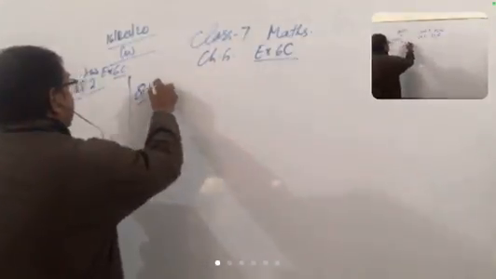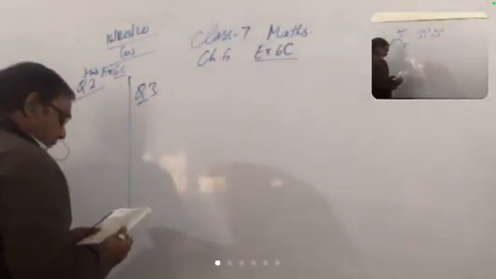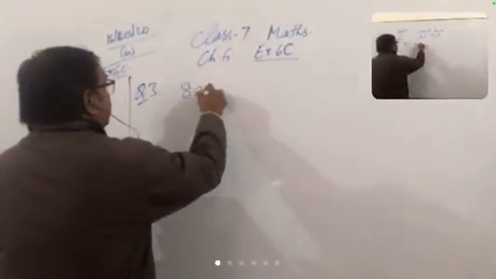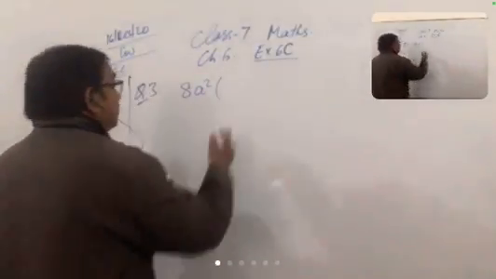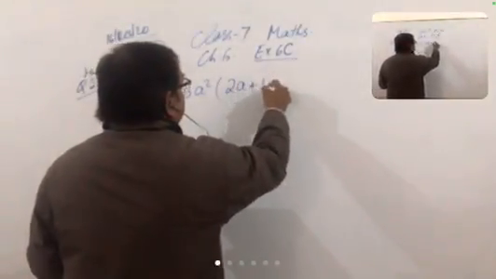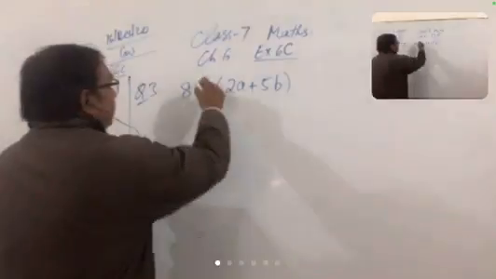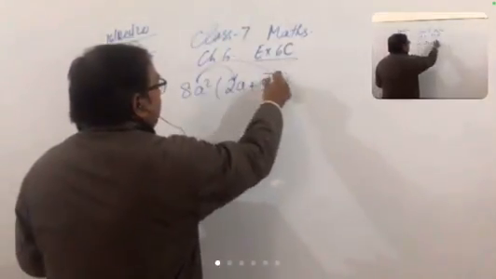Now the question number 3. 8a square, bracket, 2a plus 5b. So first we have to multiply with this and then this.